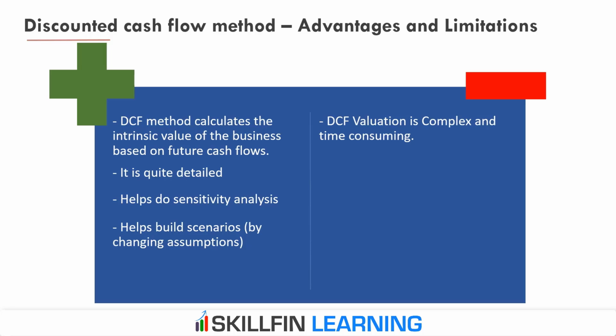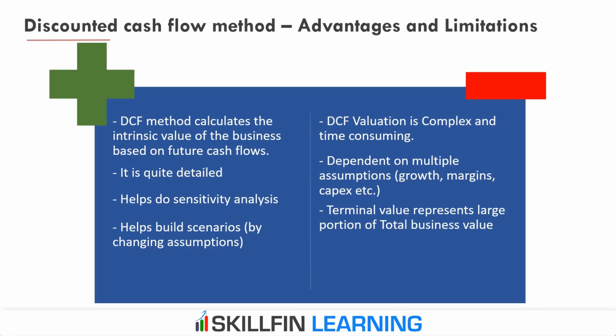This method is complex and time consuming. It is dependent on multiple assumptions like growth, margins, capex, etc. If the assumptions are not correct, then this value will not give the correct value of the business.